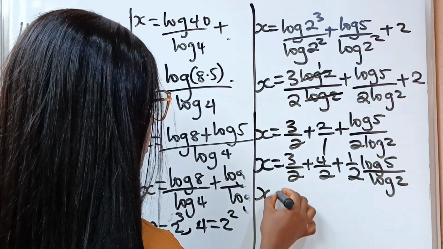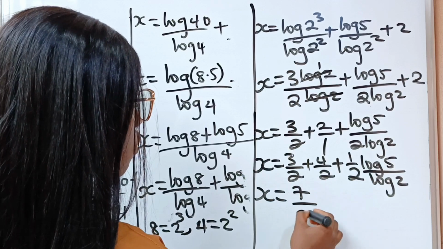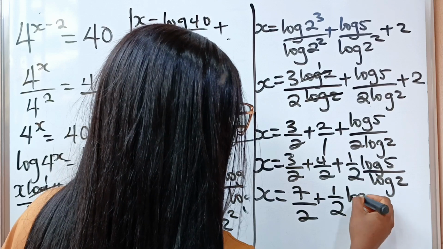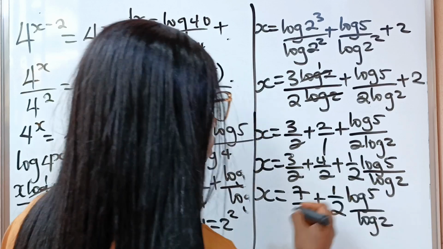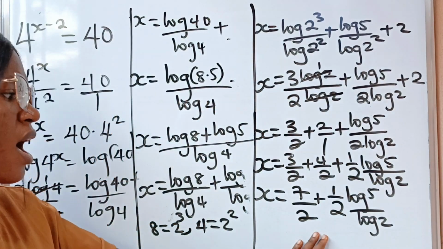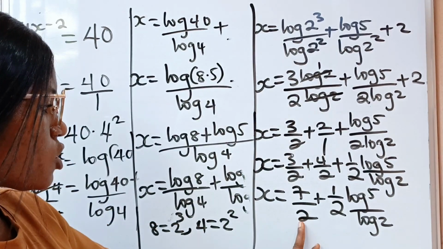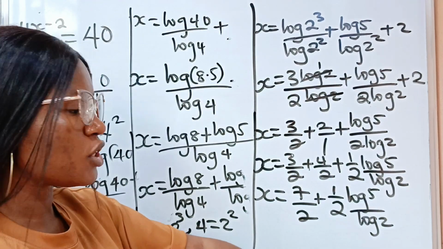Okay, so x is equal to 3 plus 4 will give us 7 over 2, right? Then plus half log 5 divided by log 2. All right, at this point, remember that if you notice this is 2 and this is 2, that means both of them share the same denominator.